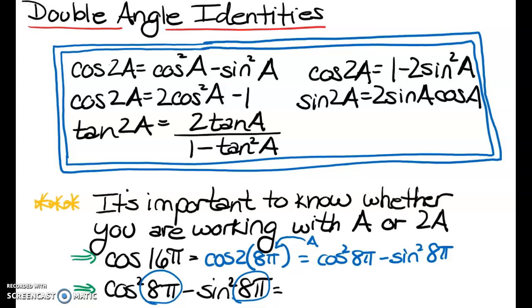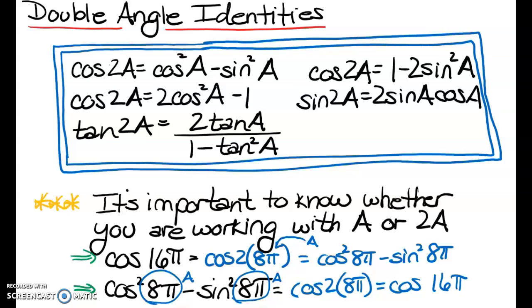And I have a nice double angle identity, cosine squared A minus sine squared A. So this must be A since it's the same. So I'm going to plug A into the other side. Cosine of 2A, which is A is 8 pi. So I would get the cosine of 16 pi. Okay, so know whether the value that you have represents 2A or whether it represents just A.